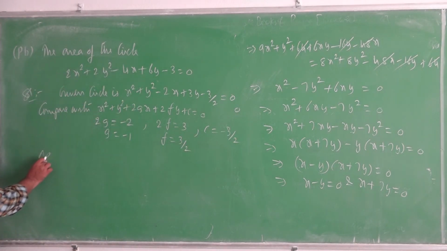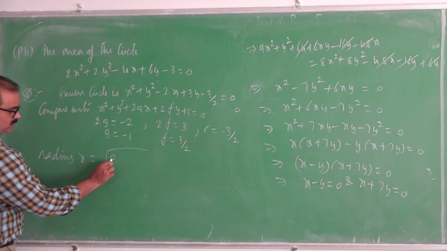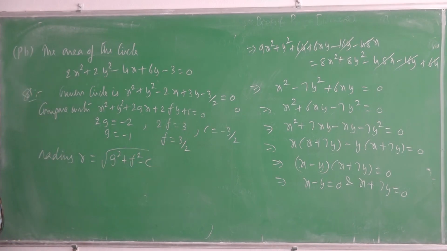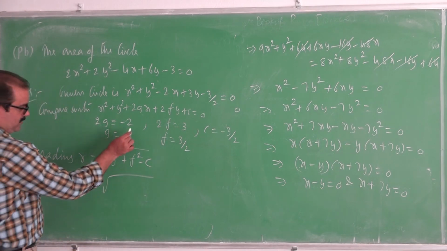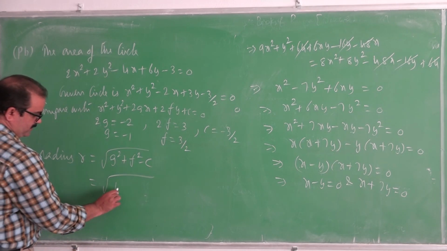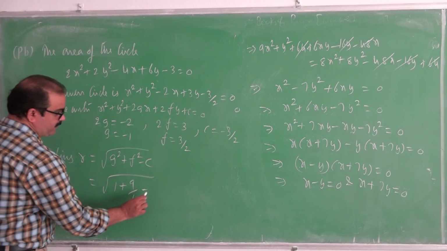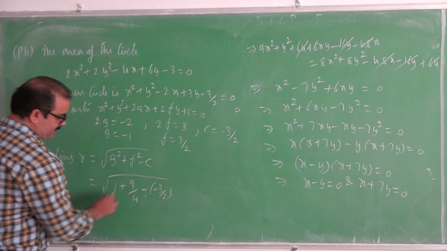What is the formula to find the radius of this circle? Radius r is equal to root of g square plus f square minus c. Root of g square, minus 1 whole square is 1, f square 3 by 2 whole square is 9 by 4, minus c, minus minus 3 by 2.